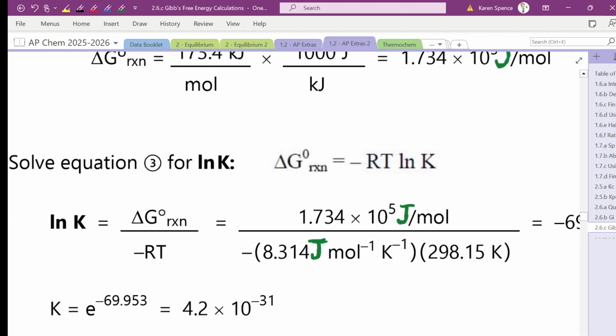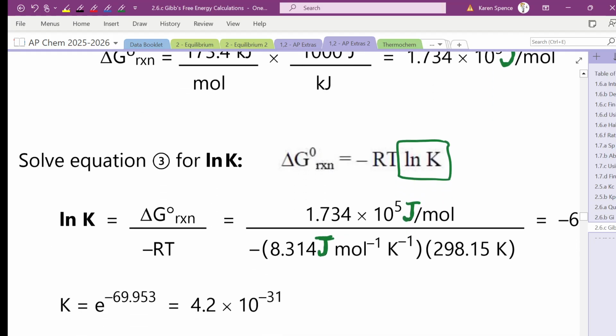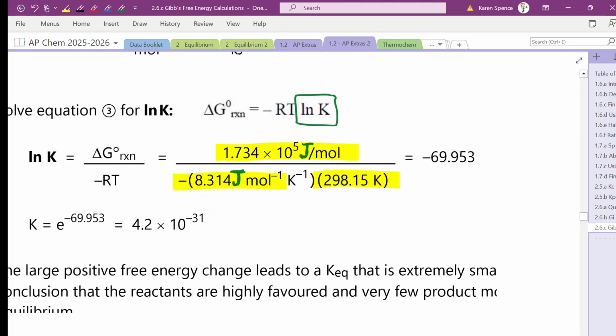Okay, so before throwing everything in and having to move around all these numbers, I would personally just solve for ln K first. So ln K is equal to delta G over negative RT. And then you can chuck in your numbers. So there's our delta G, there is our R, there is our T. We get our answer.